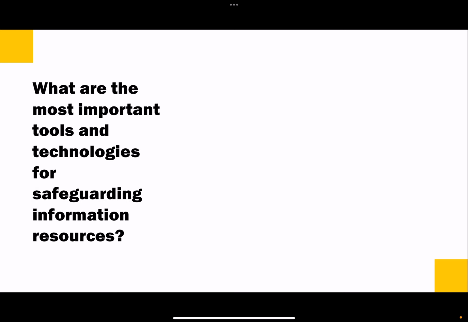So, what are the most important tools and technologies for safeguarding information resources? That inshallah will help you to get more safeguarding in your computers or servers. The first, firewalls and antivirus software.